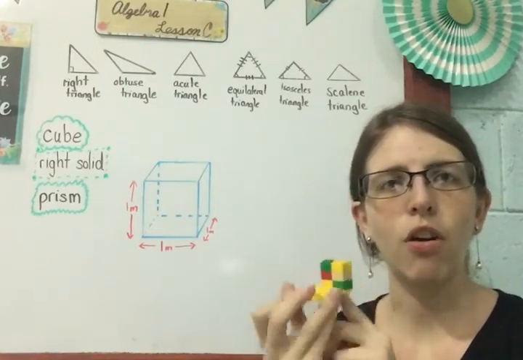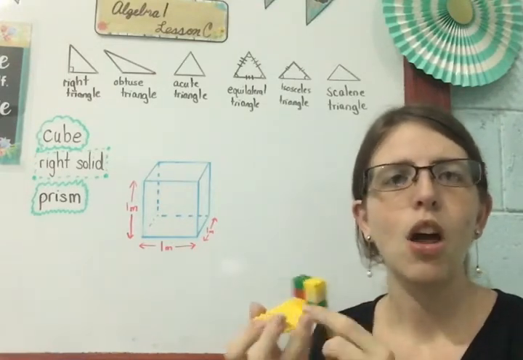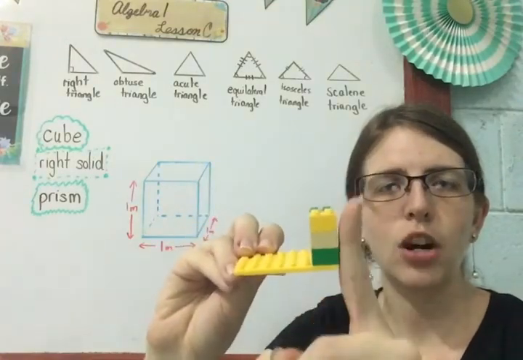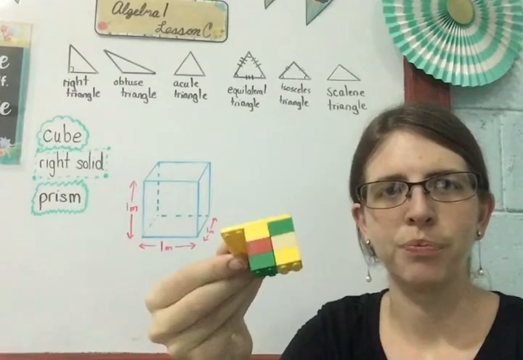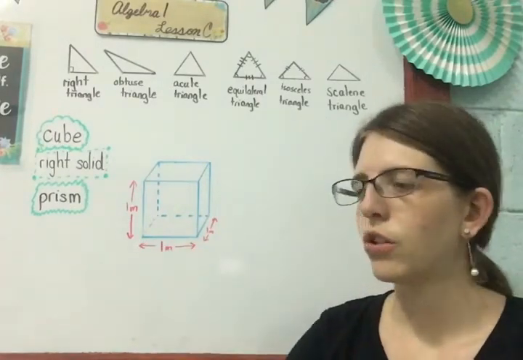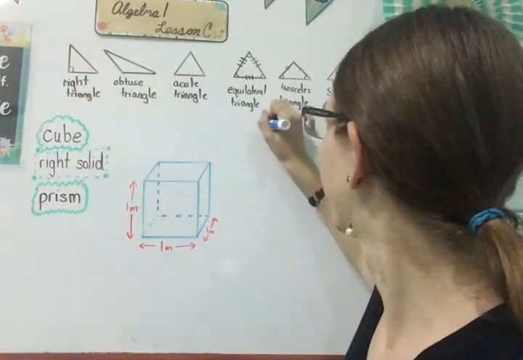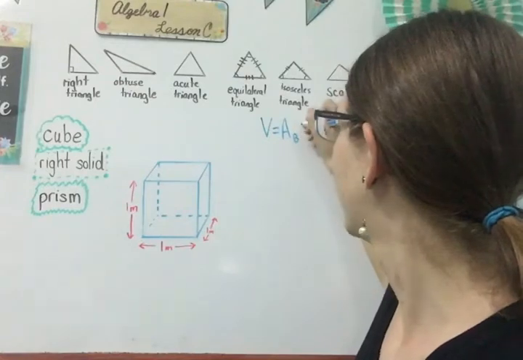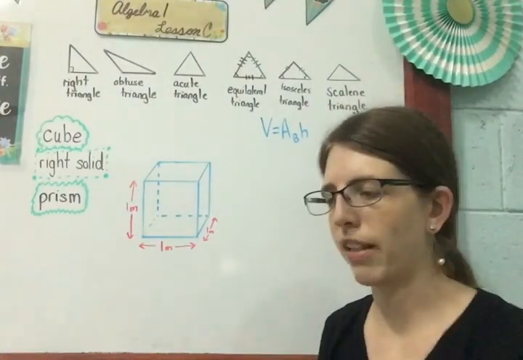So this formula for volume works only on shapes whose sides are perpendicular, meaning they're at right angles, to the base. Okay? So that gives us the formula that volume equals the area of the base times the height. That's our formula.